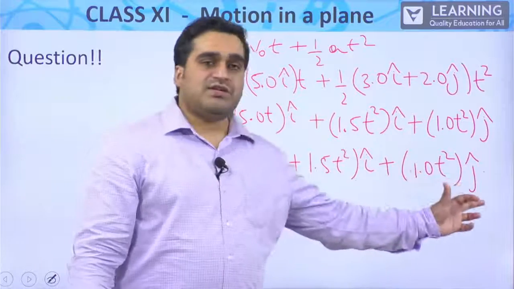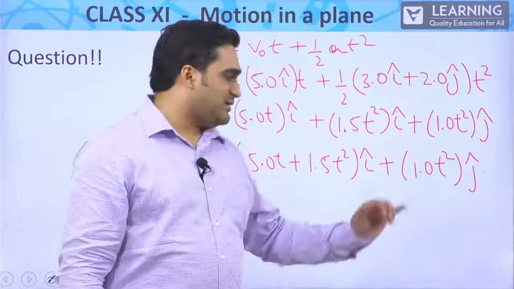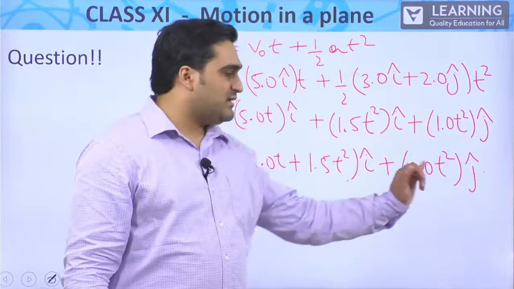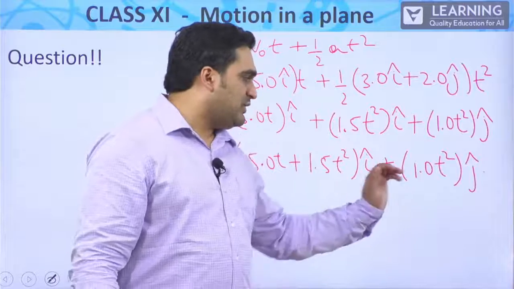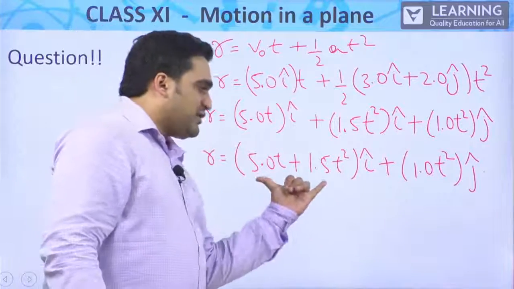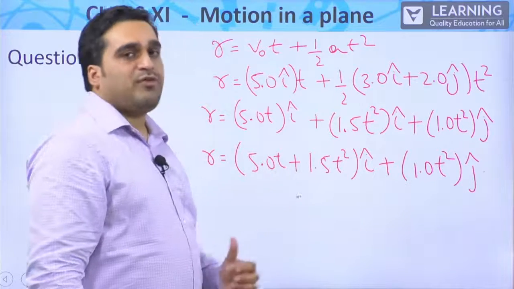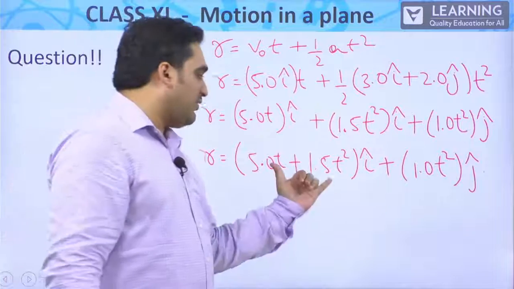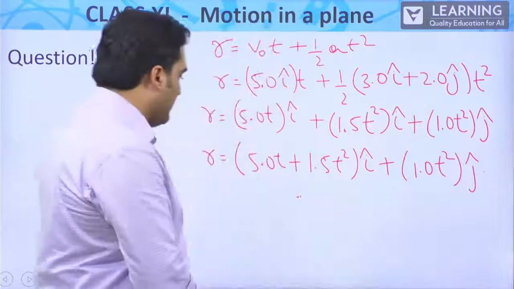This i cap and j cap are unit vectors along the x-axis and y-axis. You could also call these basis vectors. So this term here is the displacement along the x component, and this is the displacement along the y component.